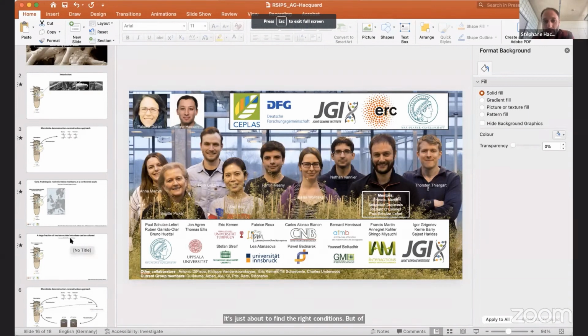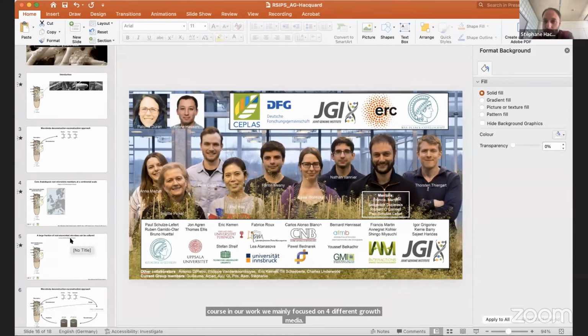But of course, in our work, we mainly focused on 4 different growth media. That's the maximum we can do for the fungi, for example. And I think for the bacterial microbiota, they focus on 2 growth media. And of course, we primarily capture the fast growing strains. It's easier to capture the fast growing strains than the slow growers.